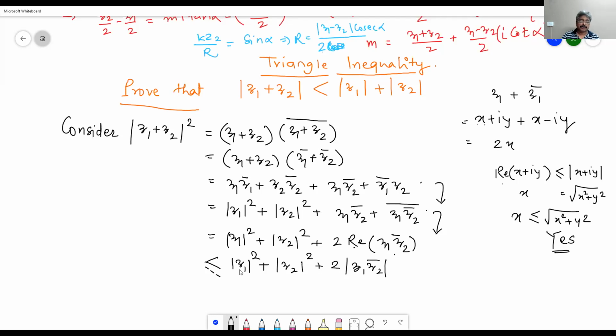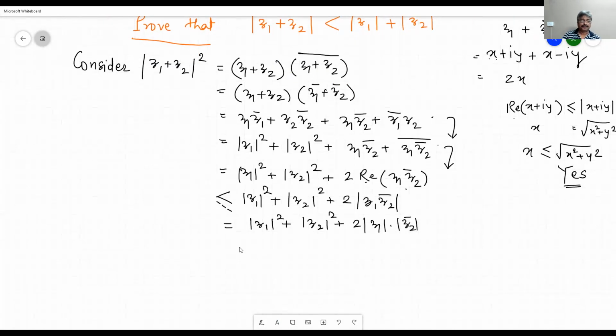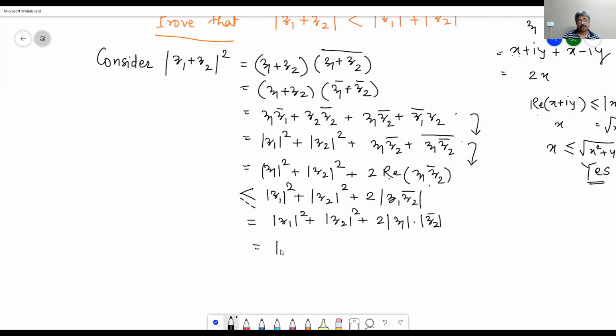Is that correct? Now less than it, so now this will be equal to absolute value of z1 square plus z2 square plus 2 times mod z1 into mod z2 bar, which is equal to mod z1 square plus mod z2 square plus 2 times mod z1 into mod z2, because mod z2 bar and mod z2, they are one and the same, which is equal to mod z1 plus mod z2 bracket square.